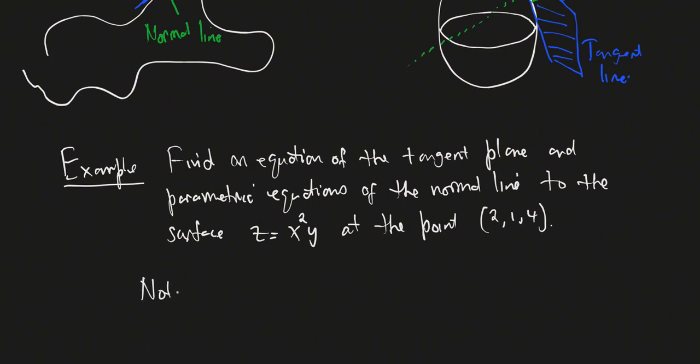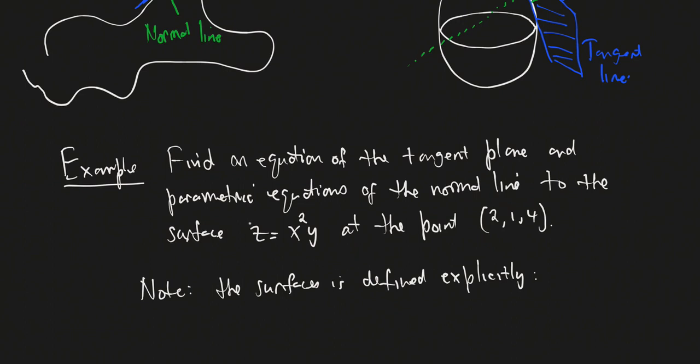So note, the surface is defined explicitly. In as far as using the gradient, we need it to be defined implicitly.